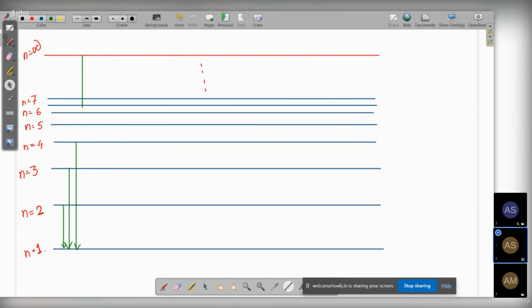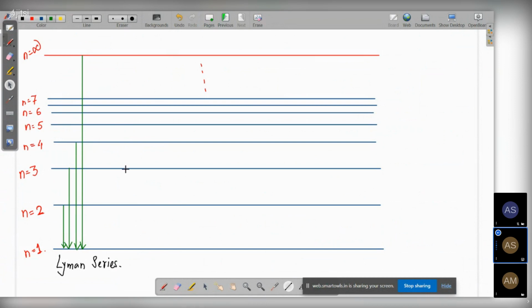We can even start it from infinity. Infinity to 1 can be one transition. This transition is known as the Lyman series. If the transition is from any energy level to energy level 1, ultimately reaching the first energy level from any other energy level, then it is known as the Lyman series.